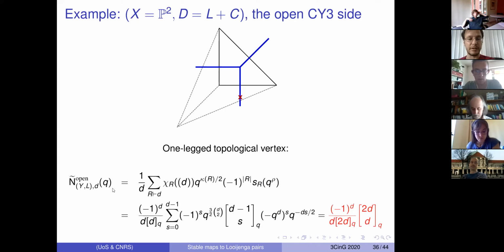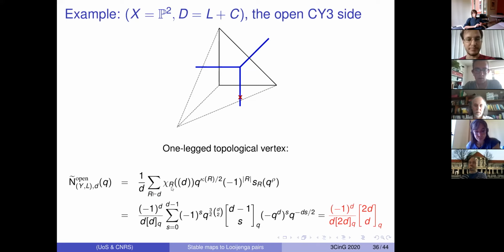And to extract the invariants, we are instructed by the topological vertex method to sum over partitions of D, taking characters of a full cycle of length D, and having some weights of the partition given by their second Casimir invariant.